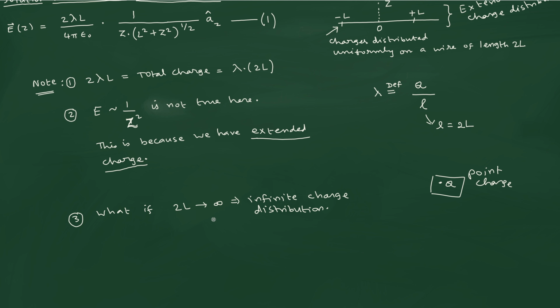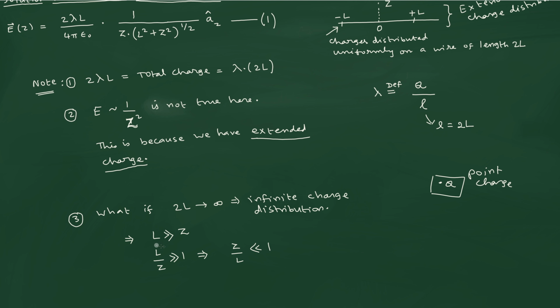In this case, we can say that L is much greater than Z. Since 2L is approaching infinity, L approaches infinity, and therefore L will be much greater than Z, which means L by Z will be much greater than 1, which gives Z by L much smaller than 1.